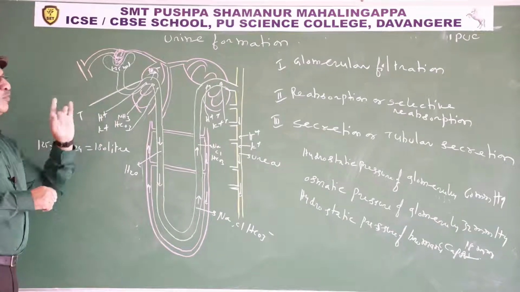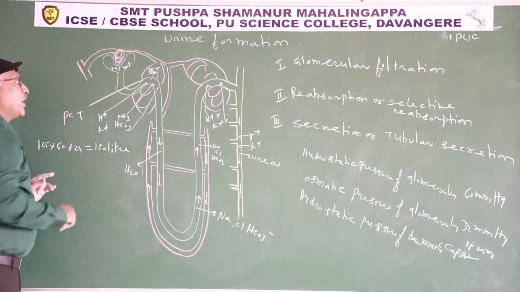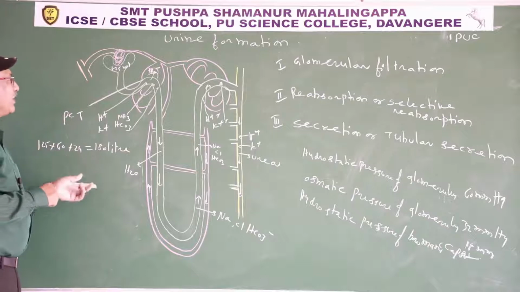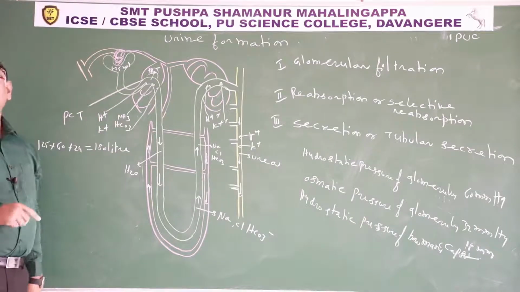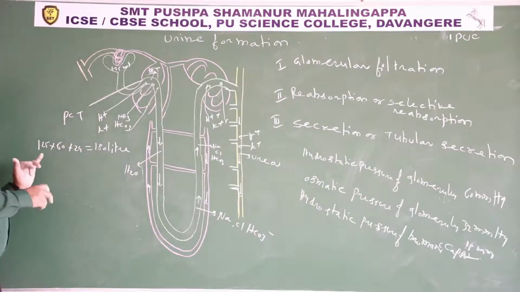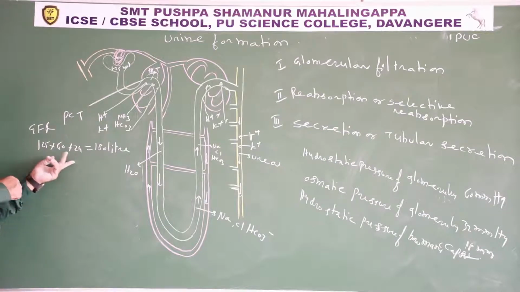So 125 ml is the glomerular filtration rate per minute. Into 60 means per hour filtration, into 24 means per day filtration. Per day 180 liters of primary urine is present in the cavity of Bowman capsule.